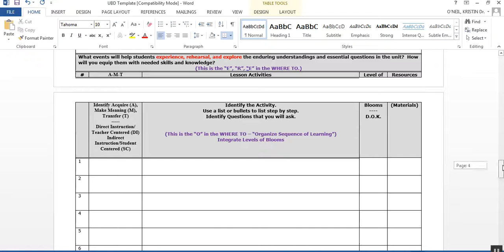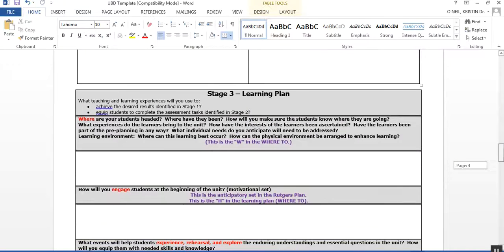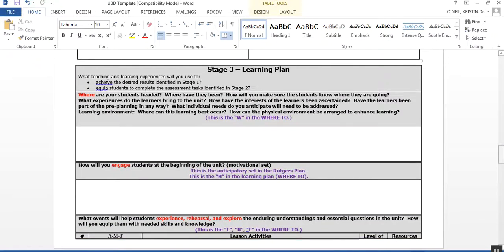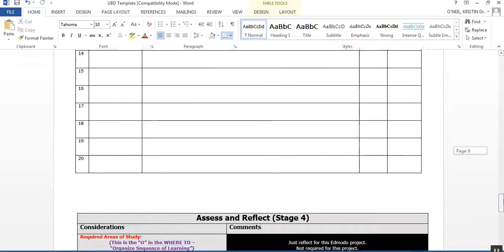We're not doing that here, but you still could get to that level of specificity through the template that I'm showing you. So when you're looking at stage 3, you're talking about what you are going to present to the students, what the students are going to do specifically, what learning activities you're going to design here in stage 3, and we're going to get to each component of this.